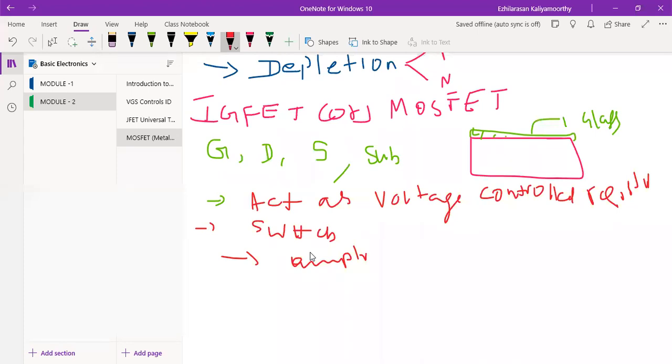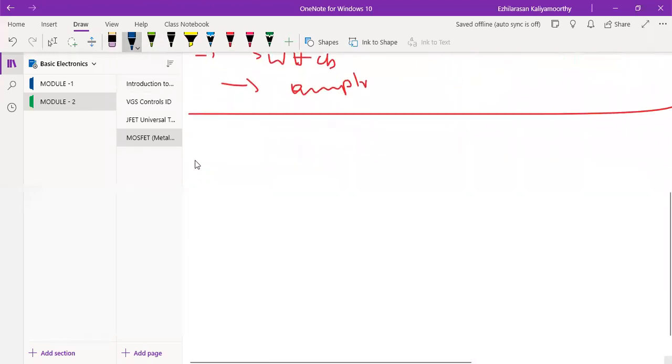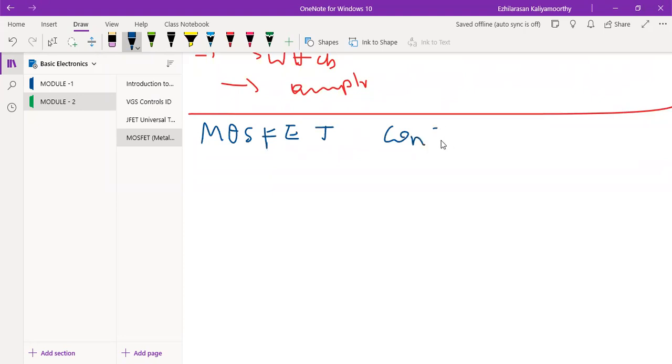Now let us see the construction, how the MOSFET construction will be. Let us start with that. MOSFET construction.